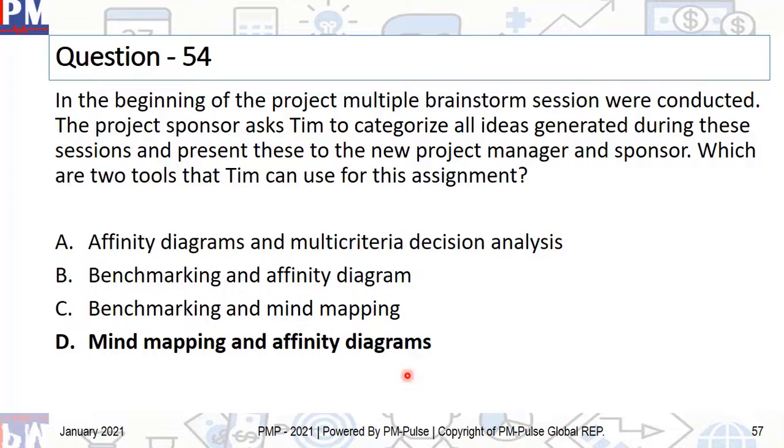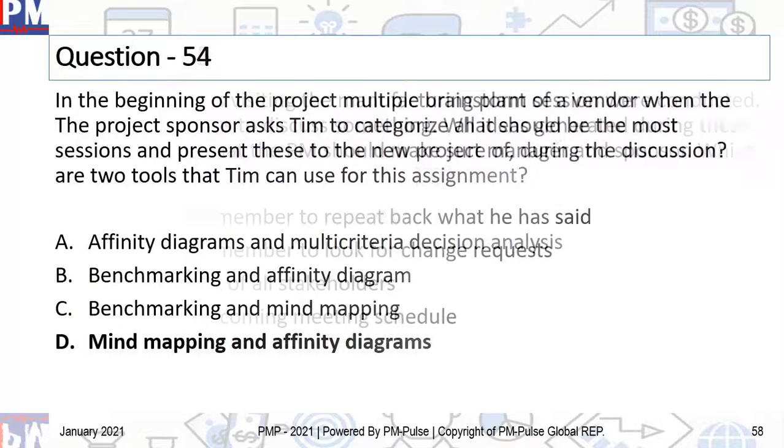And also remember that mind mapping and affinity diagram are also used for brainstorming. So whatever comes out, you can put them up in a categorized form with nesting headings, subheadings like that in these representation techniques, which are mind mapping and affinity diagrams. All right, so that's the reason why it's an answer.